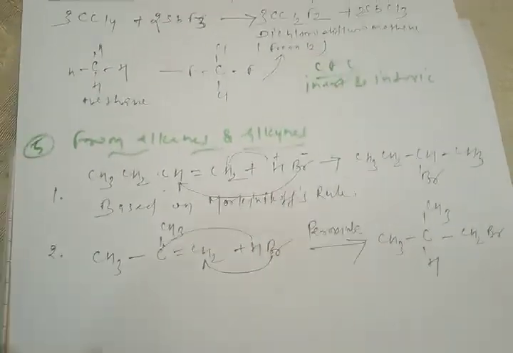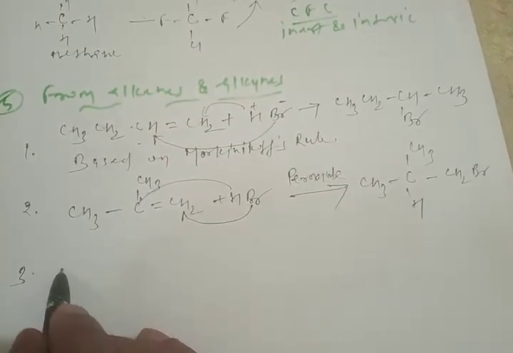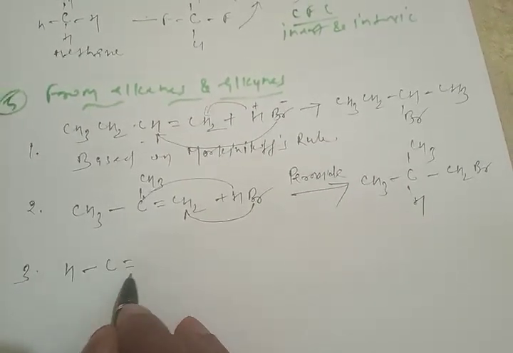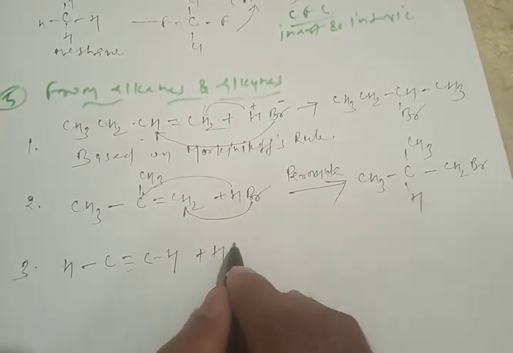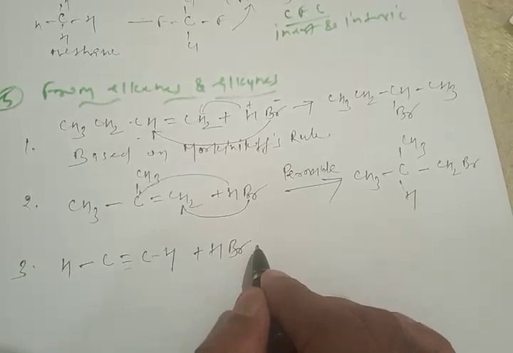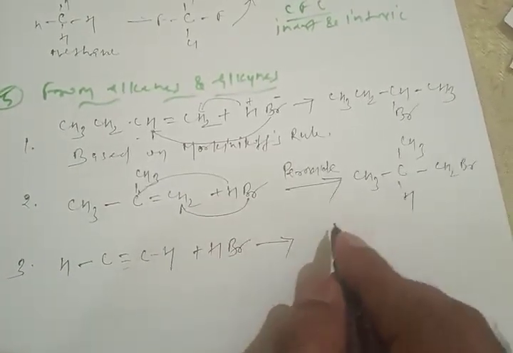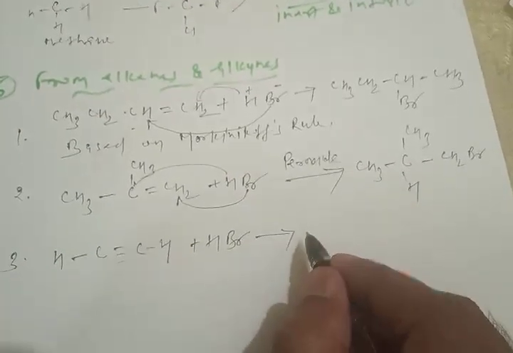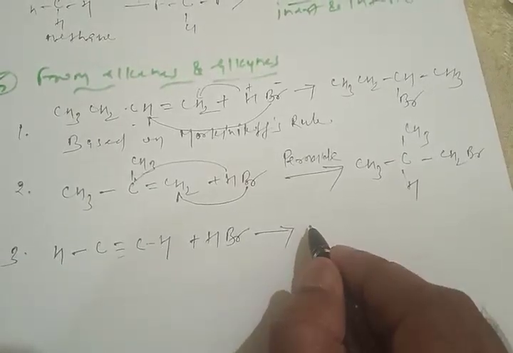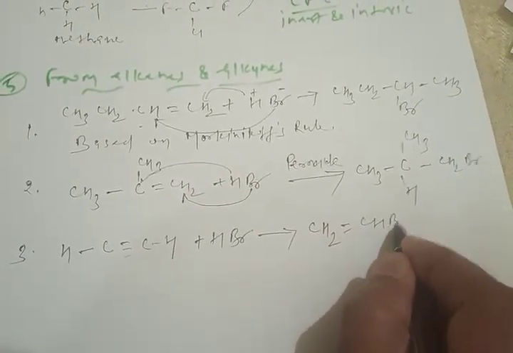And for alkynes, let's take an example of alkyne also. Let's take the simplest example, acetylene. This is acetylene, and again the reactant is HBr. First it will give you vinyl bromide. Again the reaction is the same pattern, negative and positive. So this will give you CH2 double bond CHBr.